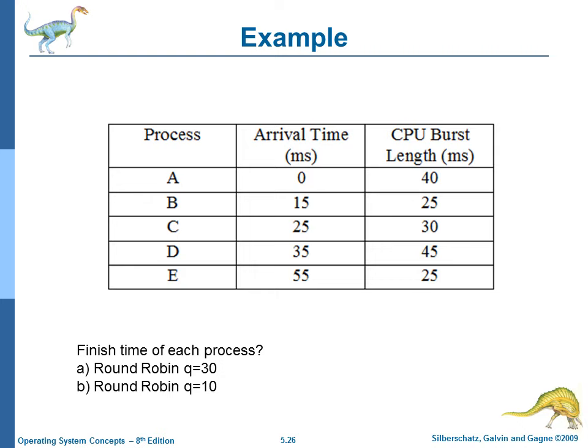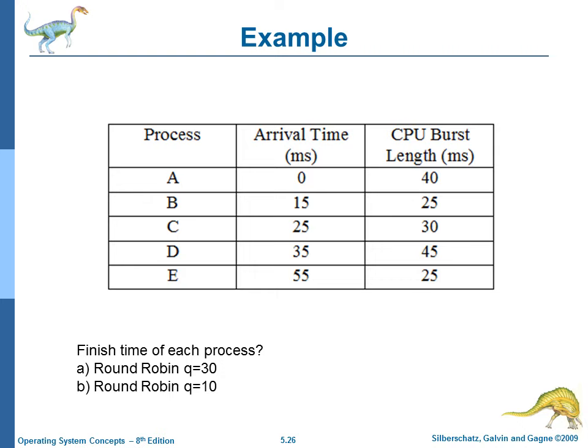The performance of round robin is sensitive to the time quantum selected. If the time quantum is large enough, then round robin reduces to the first come first served algorithm. If it is very small, then each process gets about 1 over n of the processor time and shares the CPU equally.